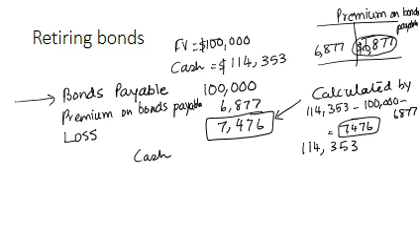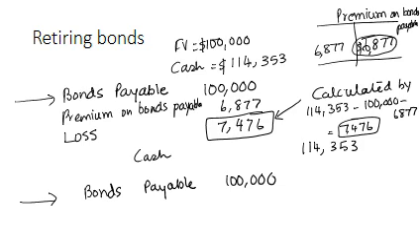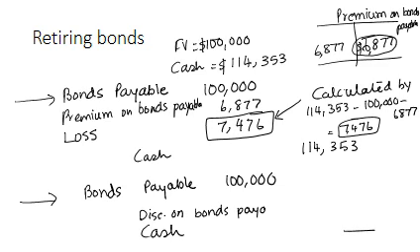Now if this was a discount bond, you would have bonds payable for the face value, you would have the cash paid out, whatever be the cash, and then you would have the discount on bonds payable, because if you want to close out the discount on bonds payable account, which has a normal debit balance, you have to credit that, and then the balancing entry is going to be your loss or profit.